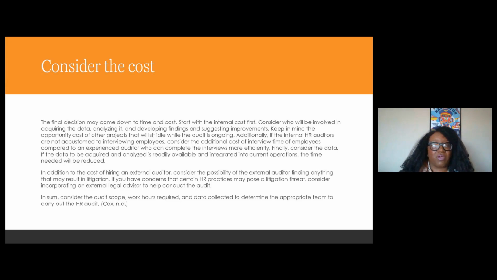Consider who will be involved in acquiring the data, analyzing it, and developing findings and suggesting improvements. All of those have a cost to them. That's time. Keep in mind the opportunity cost of other projects that will sit idle while the audit is ongoing. This is why the planning is so important, right?